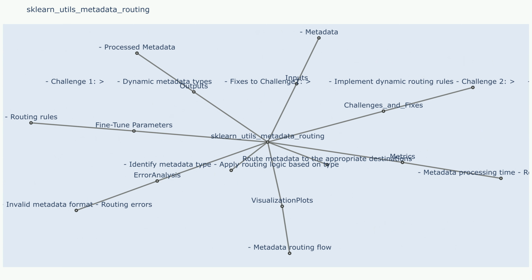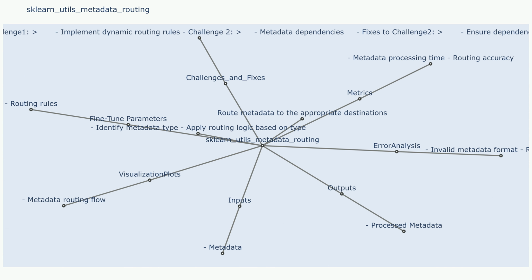Fine-tune parameters: routing rules: the routing parameter allows fine-grained control over the routing process by defining specific source and destination keys and optional transformations. Uncertainty methods: not applicable.